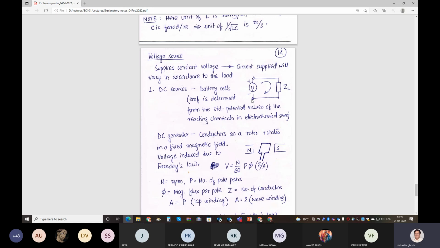So all those resistances in a practical source are internal resistance. They are called source resistance or internal resistance. In a voltage source, we model that. We don't know exactly where it is, because that resistance is scattered inside the whole battery.